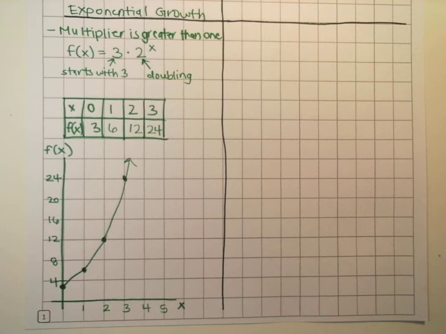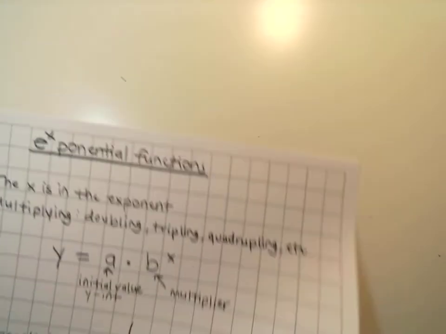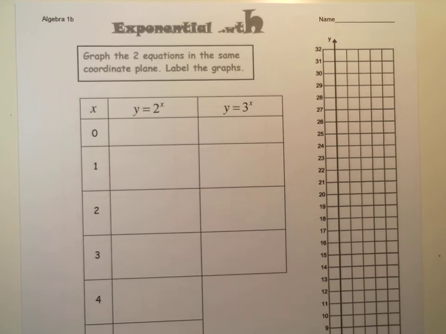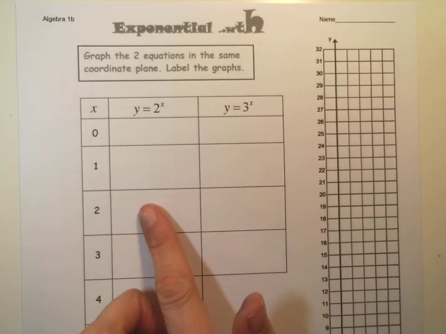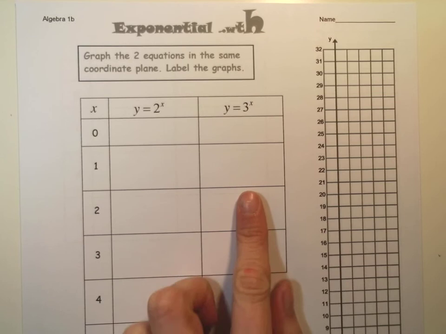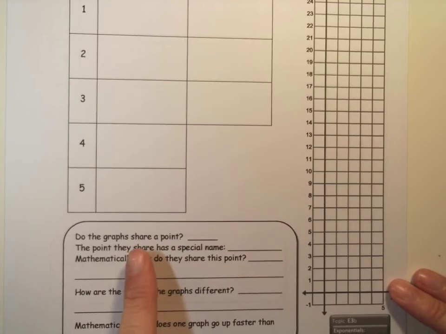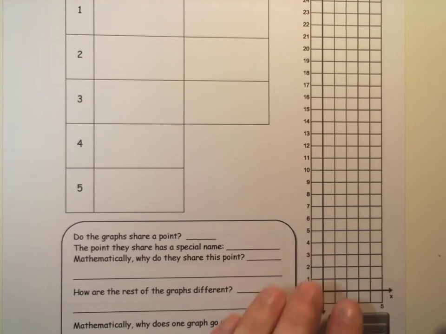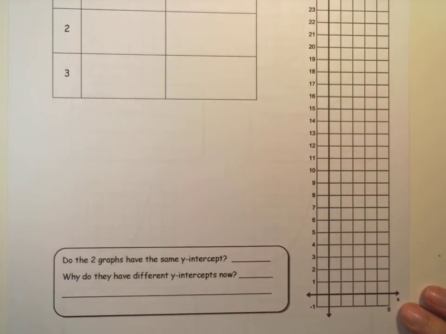Okay, so let's go ahead and look at your assignment on exponential growth. So some of it is going to be review. So we've already done these tables. So go ahead, you're going to complete the tables, and then you're going to answer the questions on the first page.